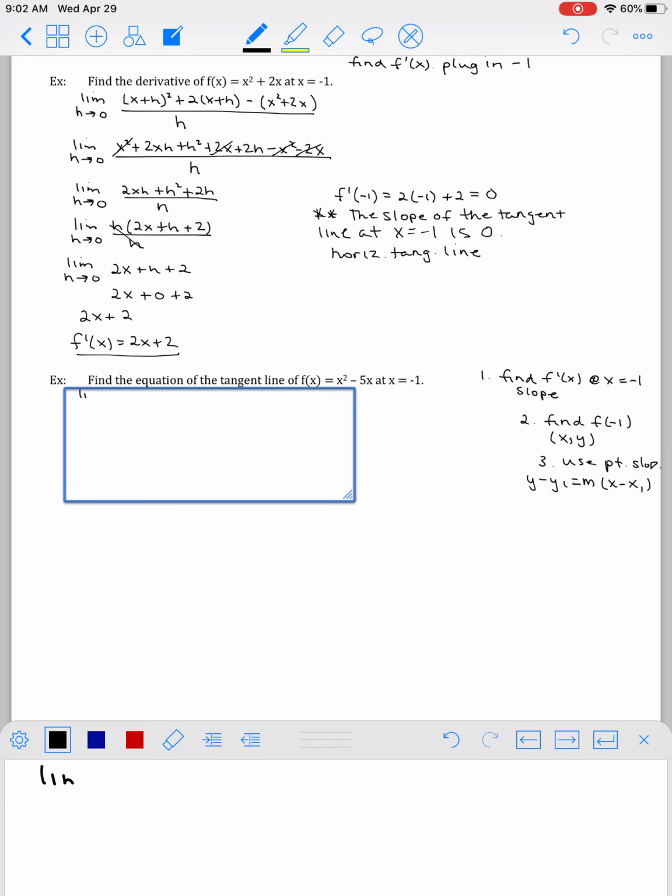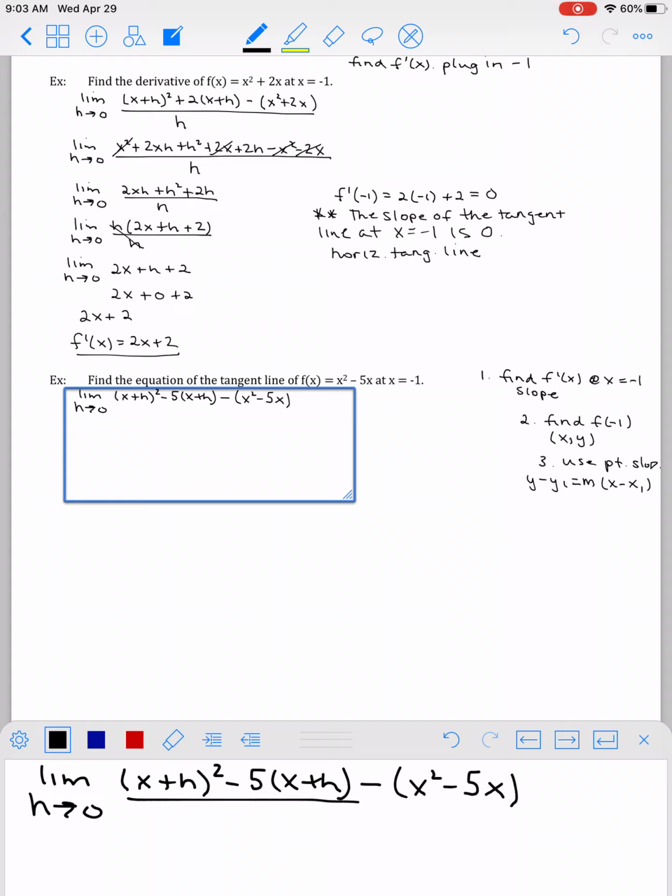So limit as h approaches 0, I've got x plus h quantity squared minus 5 times x plus h minus x squared minus 5x, all over h.